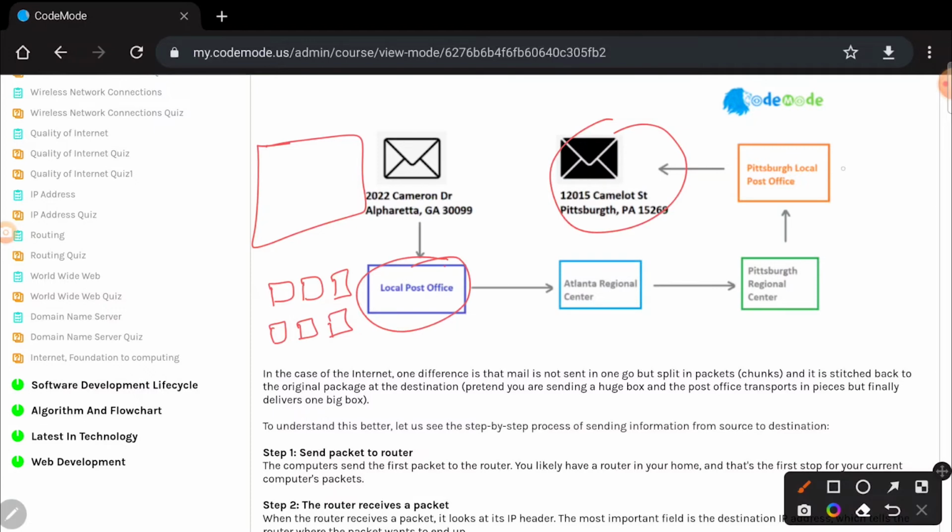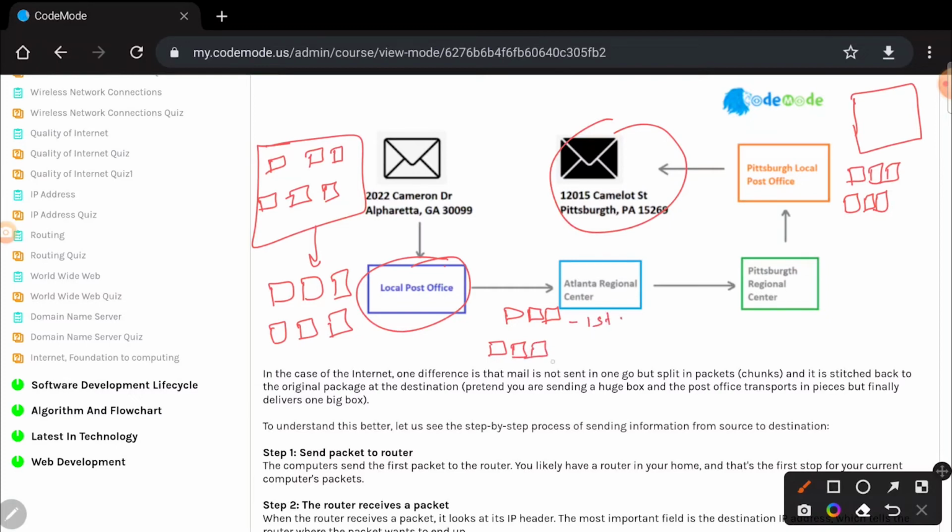And then on the other side, when all these 6 packets come, they may get combined into one big package. Let me put it like this: 6 packets. So it split into 6 packets. 3 packets may move on one side, and in the next go, another 3 packets may go.